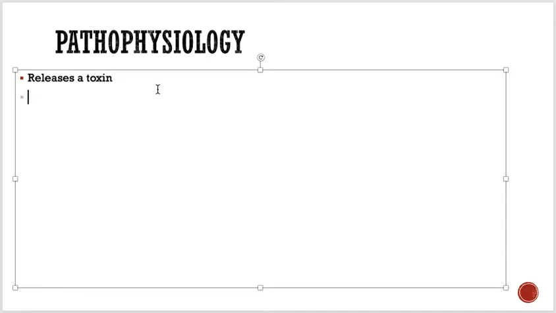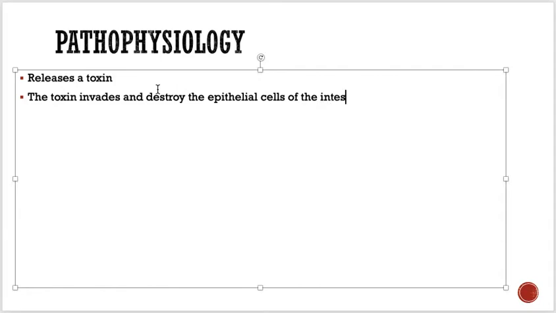Now this toxin invades and destroys the epithelial cells of the intestines. So simply when this is the case, what will happen? When the epithelium is destroyed, of course they will start bleeding.